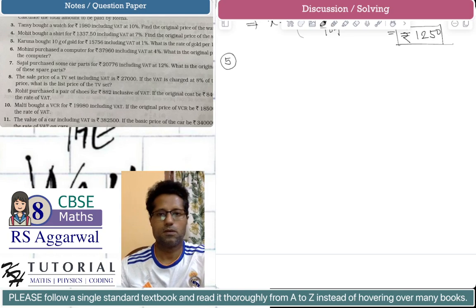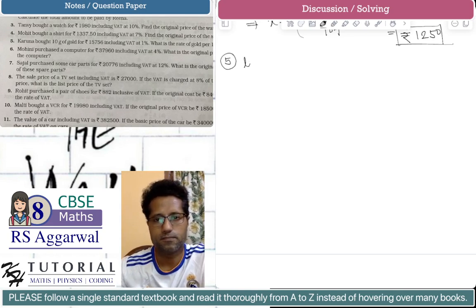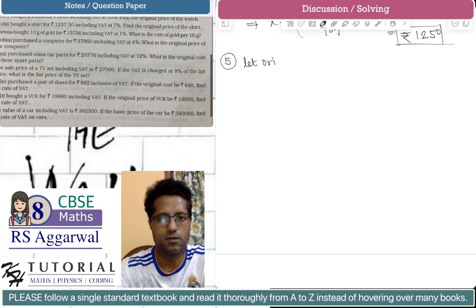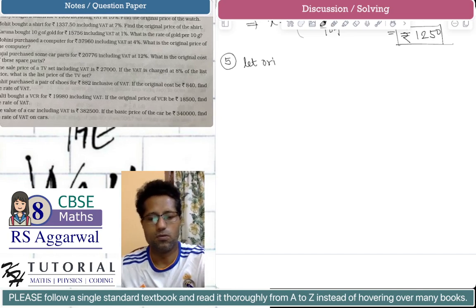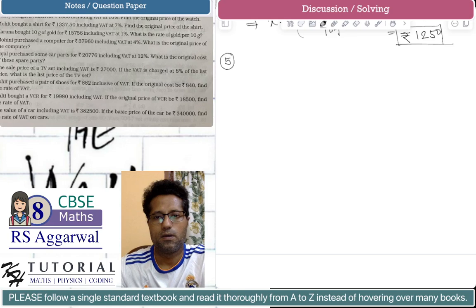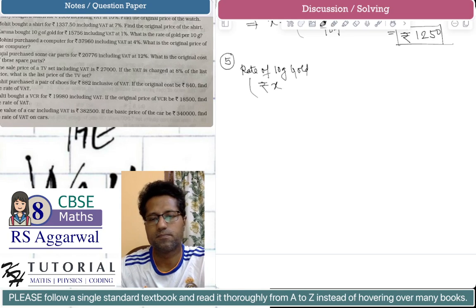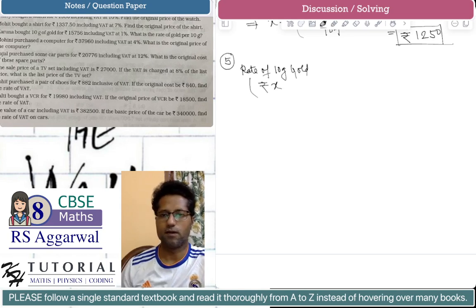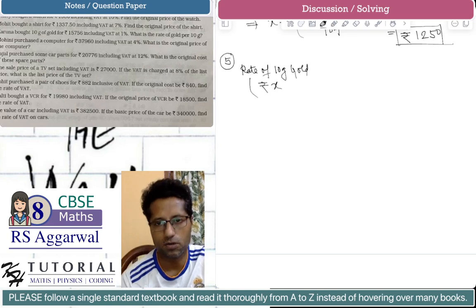So let's say the rate of 10 gram gold is rupees X. Rupees X is the cost of 10 gram of gold. This is the rate, that is the original cost of 10 gram of gold.